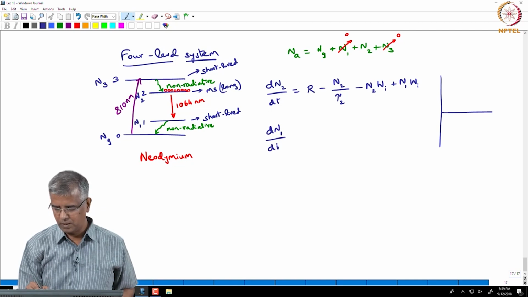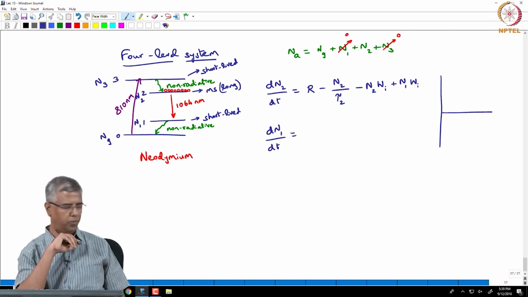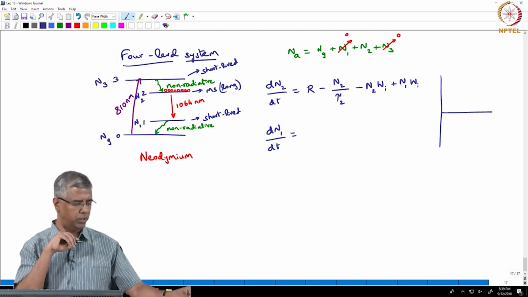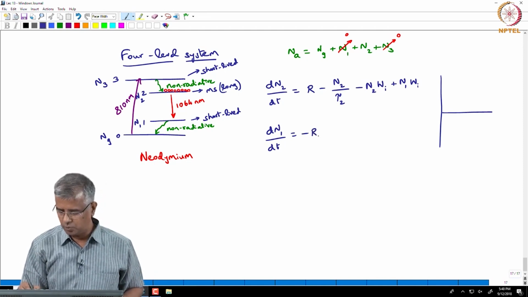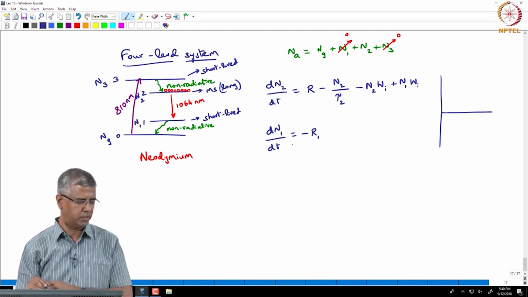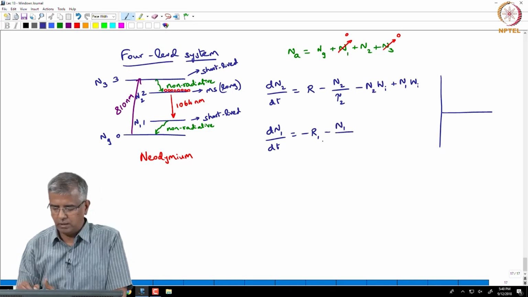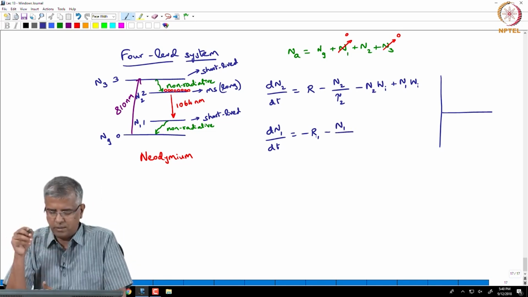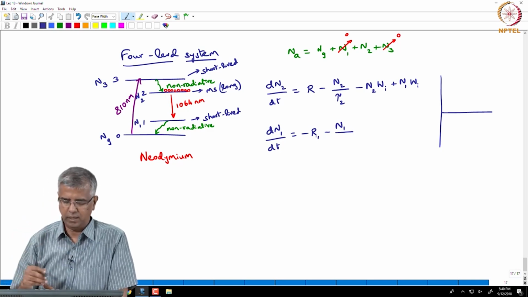Similarly, dN1 over dt, if we were writing an expression for that, that would be minus R1, that is the radiative relaxation back to the ground state, minus N1. Sorry, R1 corresponds to relaxation to any other state, okay.